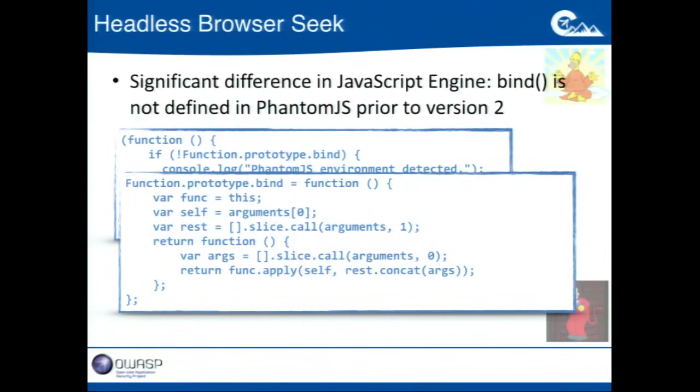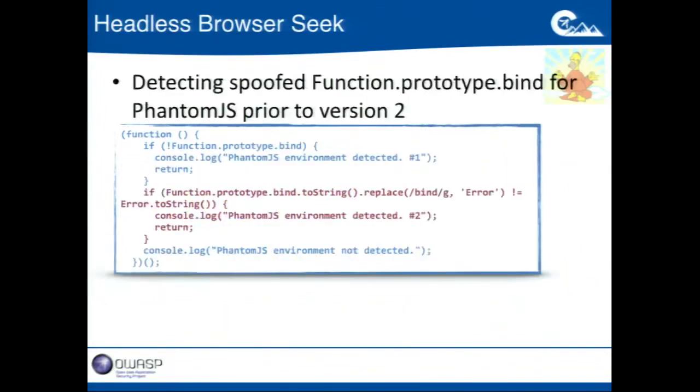Okay. So one easy way to detect this is to check whether the toString result of Function.prototype.bind is actually a native function. So you can distinguish a native function and a spoofed function by calling toString. If you define the function in JavaScript, the toString will give you the source code of the function.